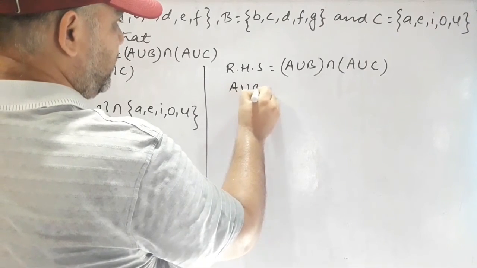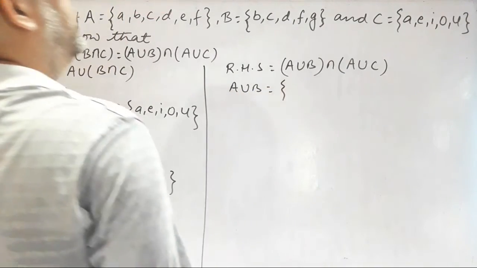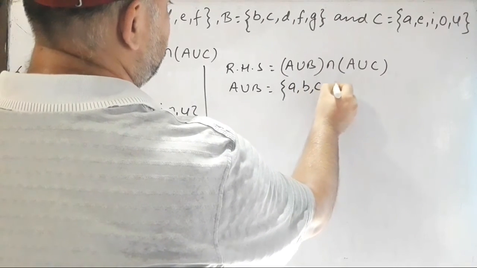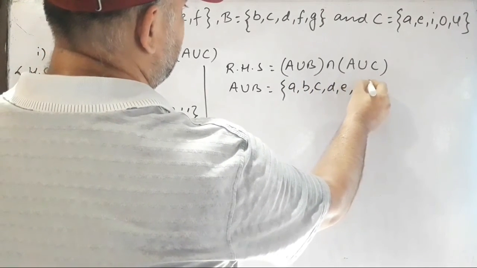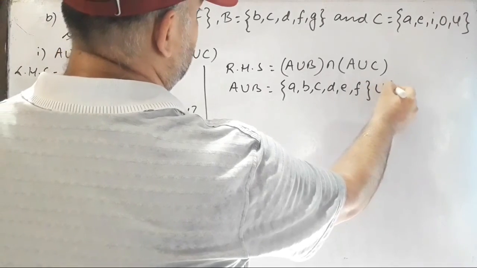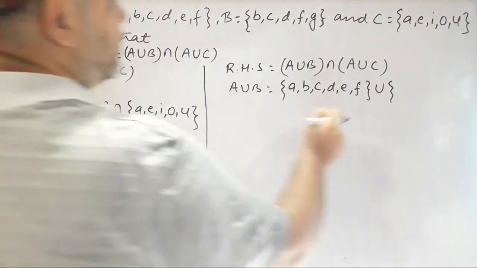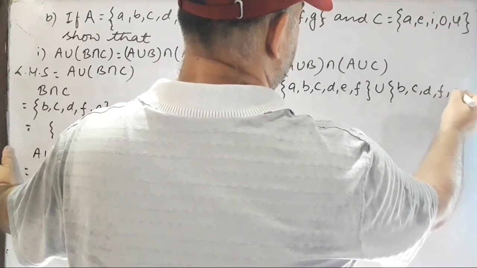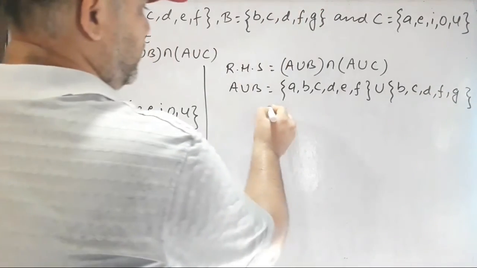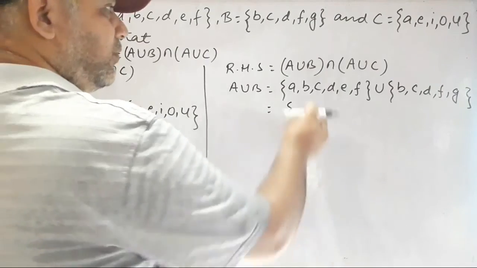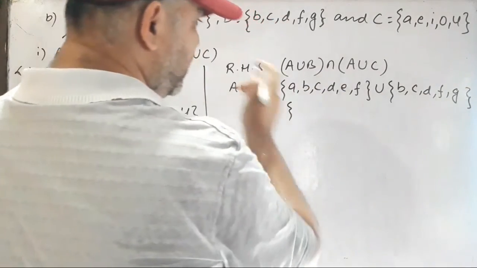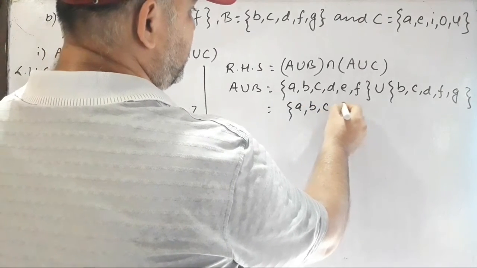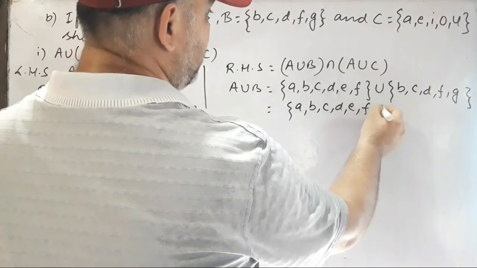A union B equals the elements of set A, B, C, D, E, F, union the elements of set B, C, D, F, G. Now the union of these elements and these elements, write all the elements together: A, B, C, D, E, F, G.